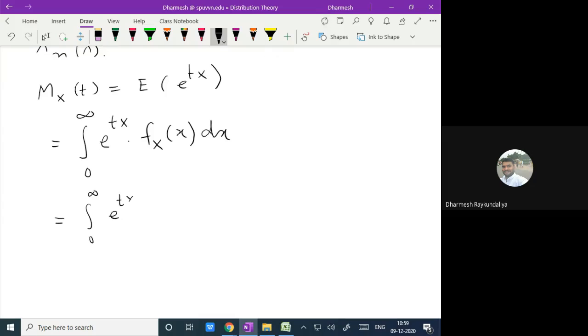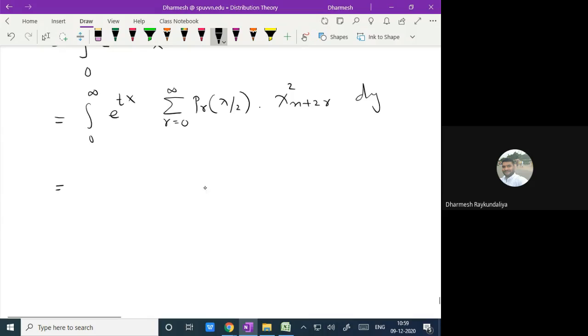What is the PDF of non-central chi-square? It is the sum over r equal to 0 to infinity of the probability of r, a Poisson random variable with parameter lambda by 2, times, for chi-square 1 we wrote chi-square 1 plus 2r, so here with n degrees of freedom it is chi-square n plus 2r.